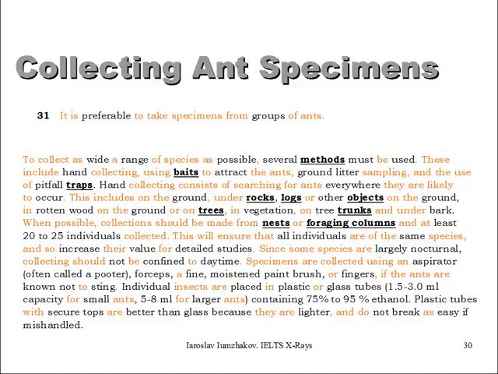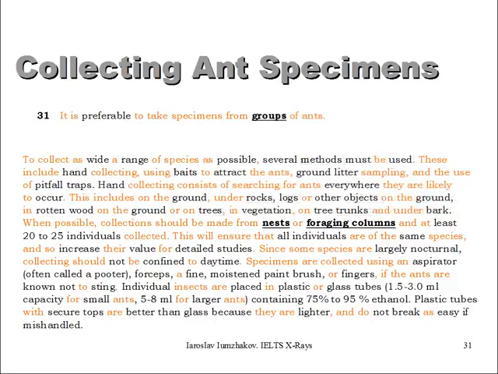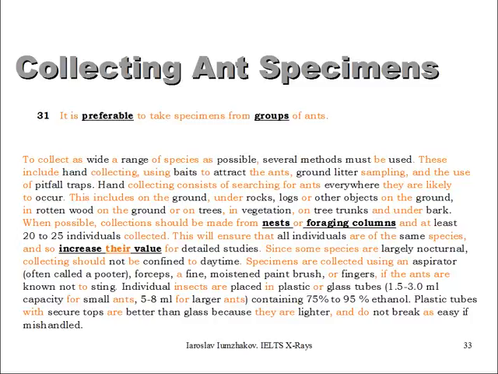Nests or foraging columns? Isn't that a match for groups of ants? Surely it is. So let us read the sentence, and we get: collections should be made from nests or foraging columns. So we got it. And what about a match for preferable? Is there a match? Oh yes, there is. I think it's increase their value in the text, which is surely always preferable.